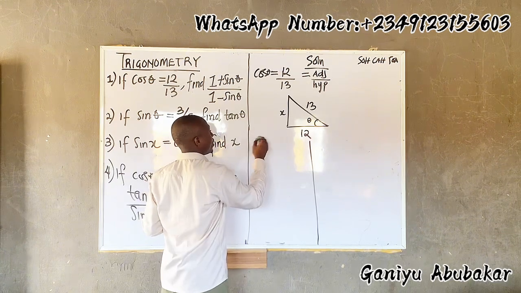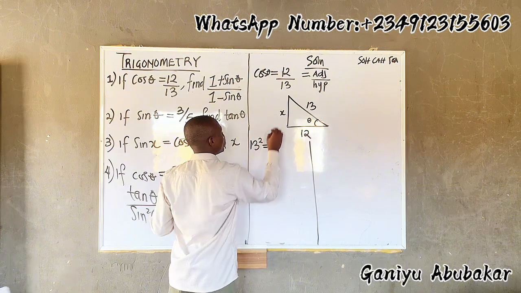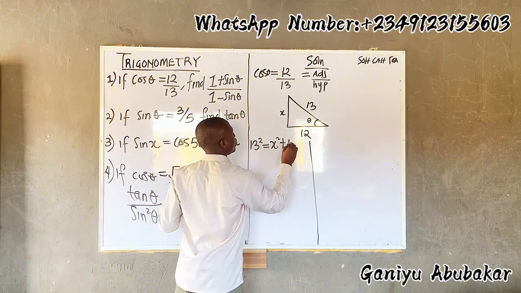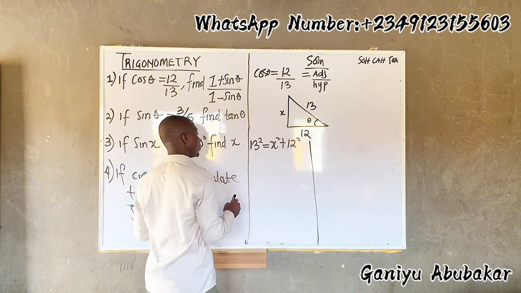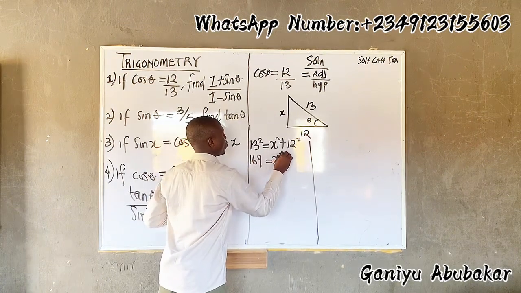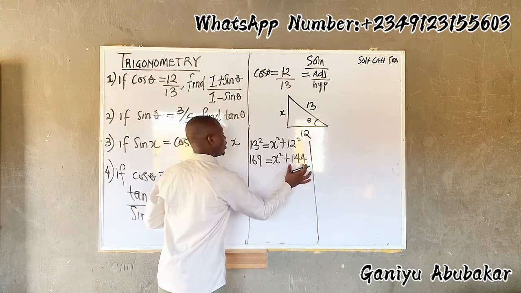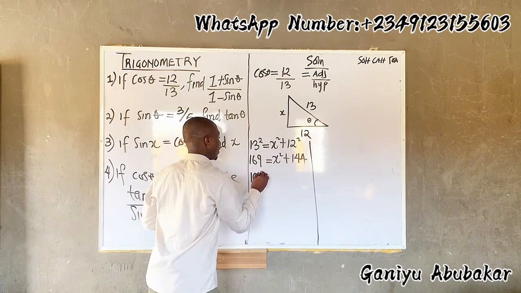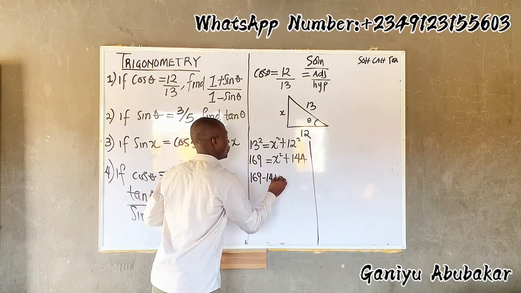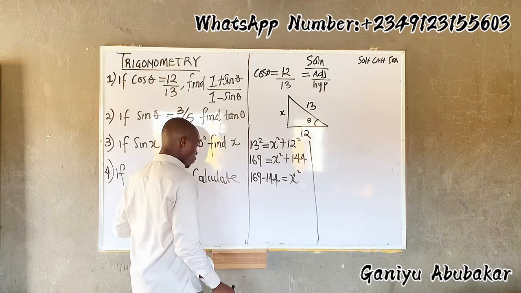So I'll have 13 squared equal to x squared plus 12 squared. 169 equal to x squared plus 144, right? Take this one here. I'll have 169 minus 144 being equal to x squared.